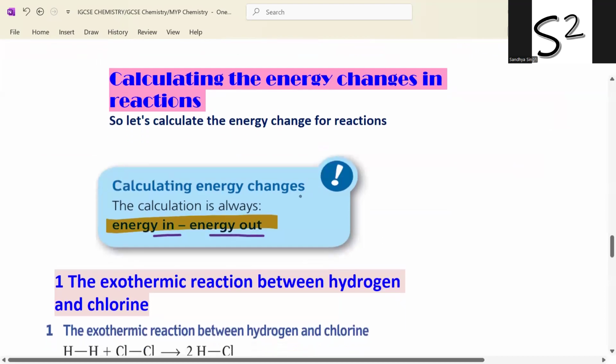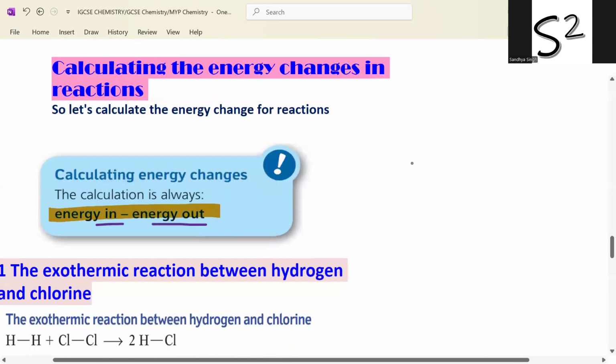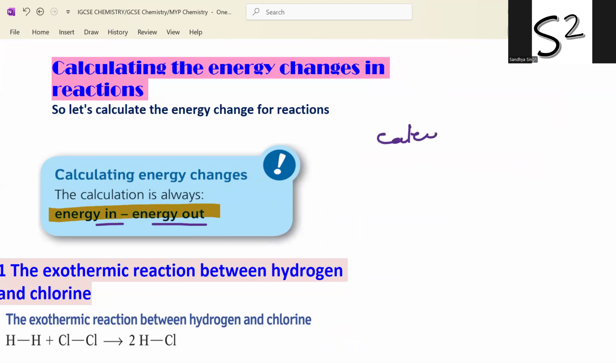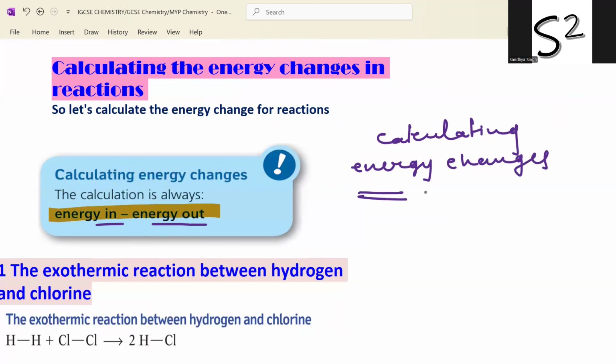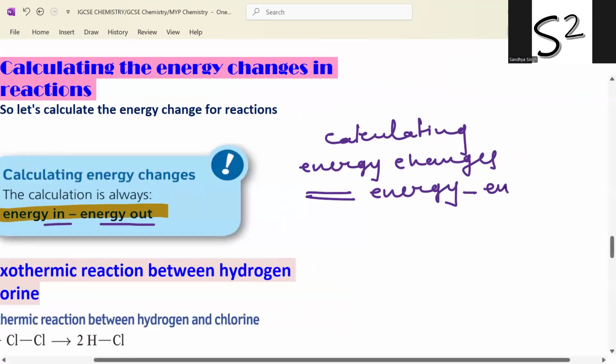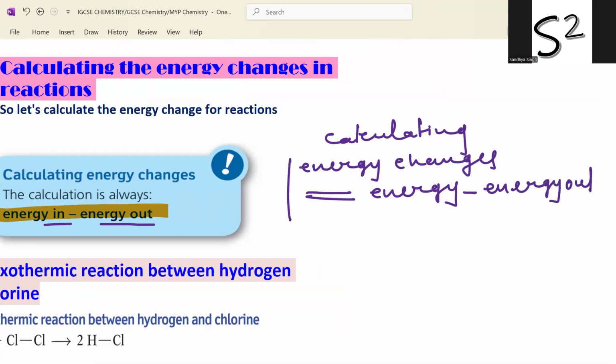Calculating the energy changes in a reaction. How to calculate the energy changes in a reaction? For this, we have a formula. Energy change is equal to energy in minus energy out.